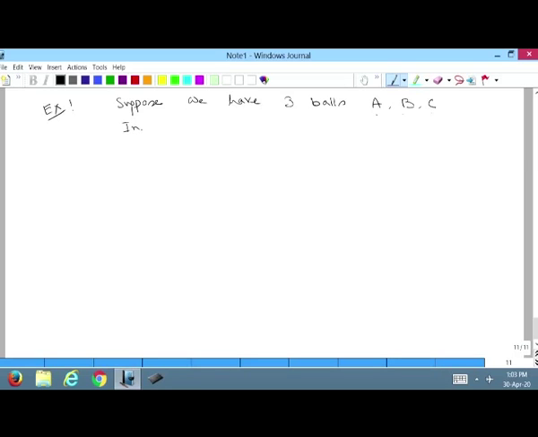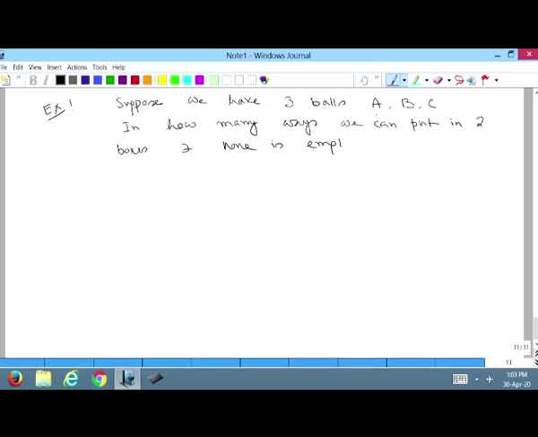In how many ways can we put them in 2 boxes such that none is empty?